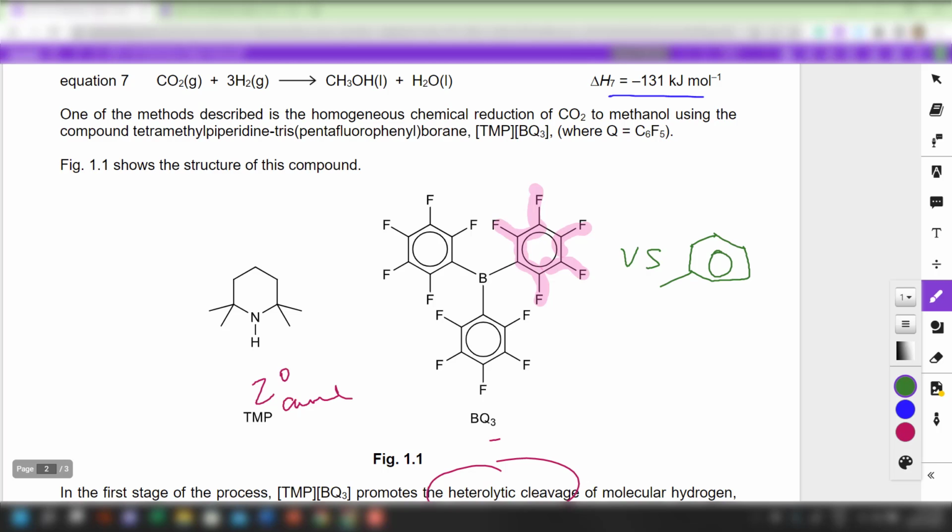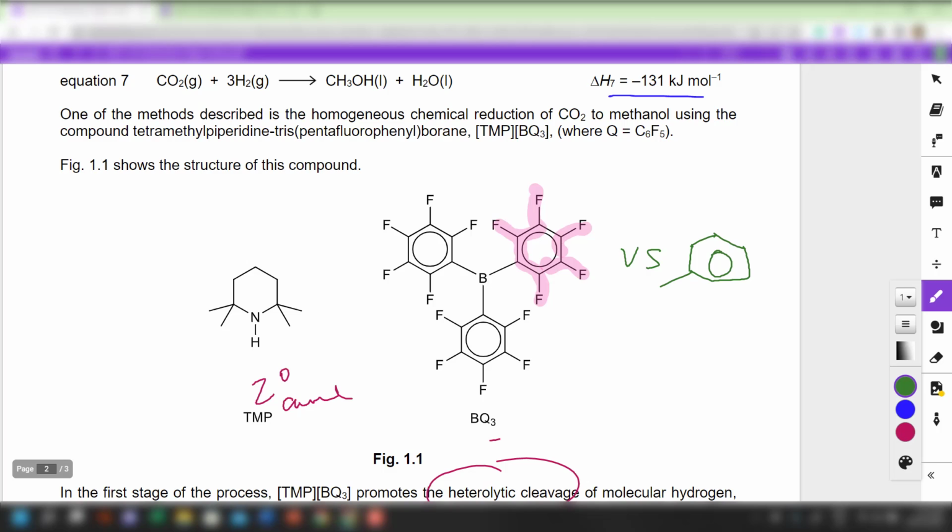Now, fluorine is the most electronegative element known to mankind. So now I have 5 fluorine groups bonded to the phenyl ring, so it does make the phenyl ring overall electron withdrawing. If we make it electron withdrawing, that will make the boron center highly electron deficient.